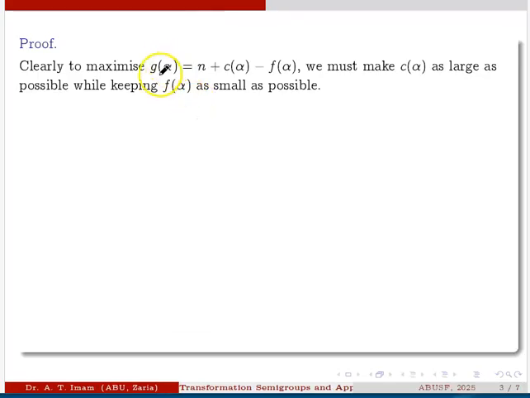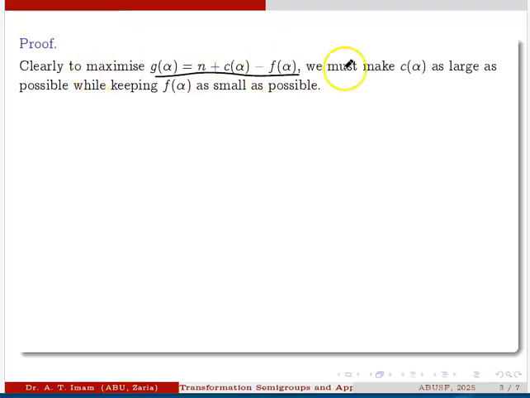If you look at the definition of the gravity of alpha, if you want to maximize this quantity, since n is fixed, and you are adding the number of cyclic orbits and subtracting the number of fixed points, you have to maximize the cyclic orbits while keeping the fixed points as small as possible.